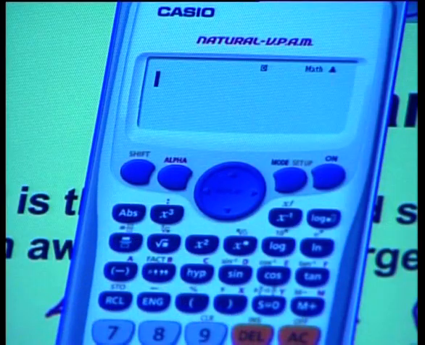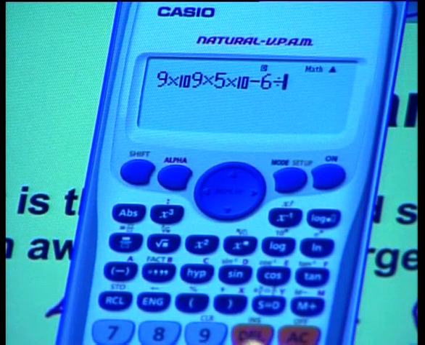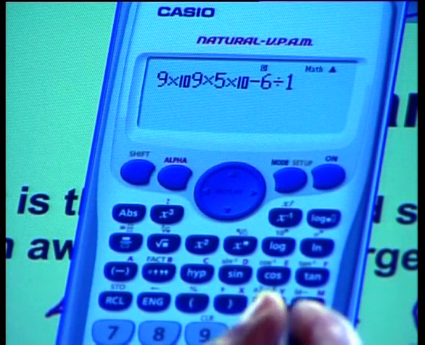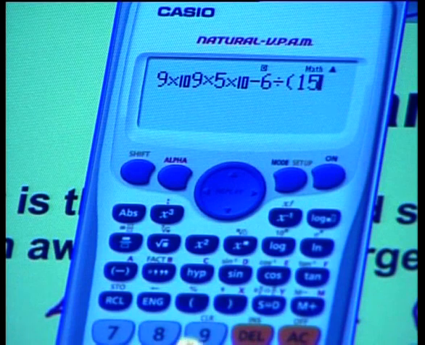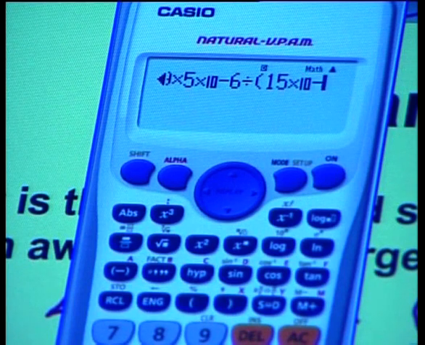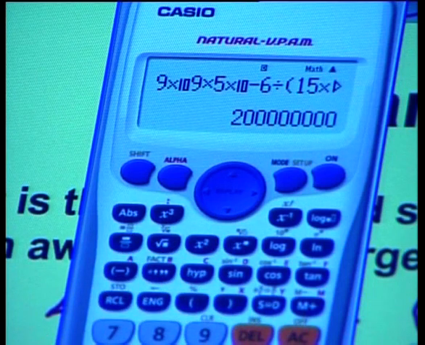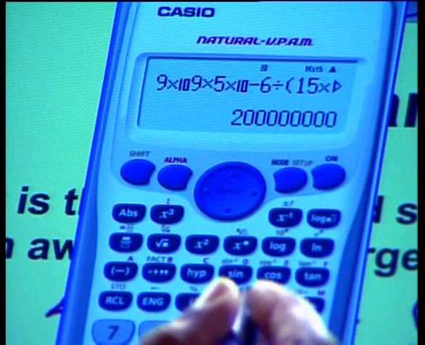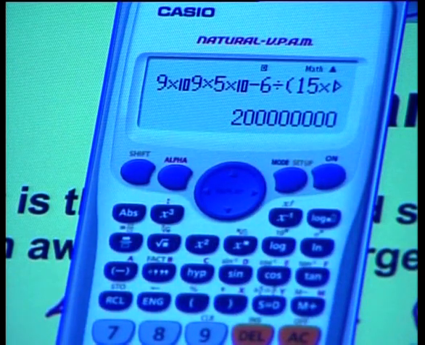Now, we would then put in 9 by 10 to the power 9 times 5 by 10 to the power -6 divided by 15. I need to make sure here that I have my brackets on, because this is squared, by 15 by 10 to the power -3, close brackets, squared. And let's see what the answer is. And we have got quite a huge answer there. Let me write it down in scientific notation.